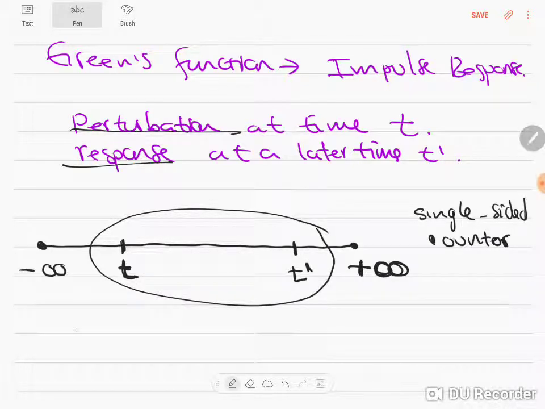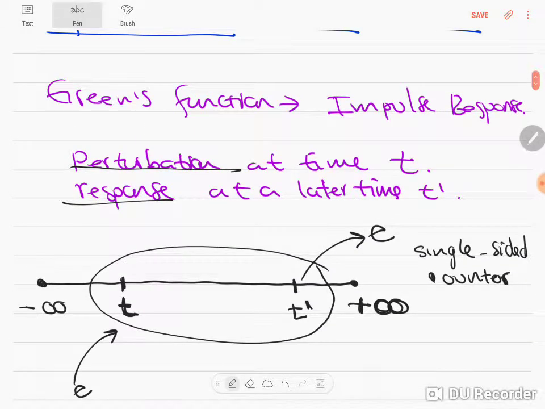If I put an electron in the system at time t, what is the probability to measure that electron again at time t prime? This is what the Green's function does. It tells us the probability for a process to take place in a quantum mechanical system.